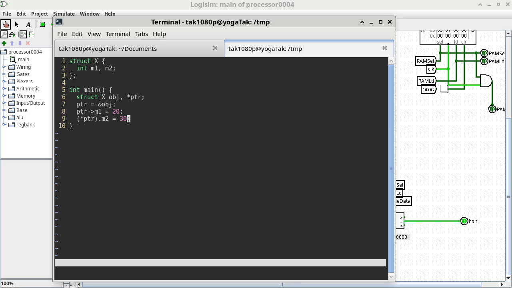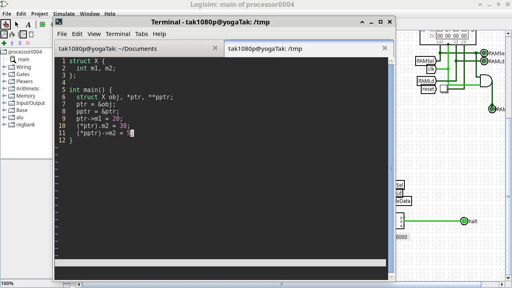So now to make things a little bit more complicated, we can do something like this, a pointer to a pointer. So now pptr is the address of ptr, and then we go like pptr that, and then M2 equals 5.